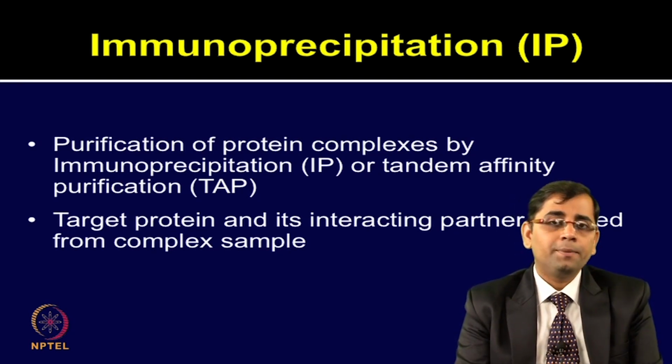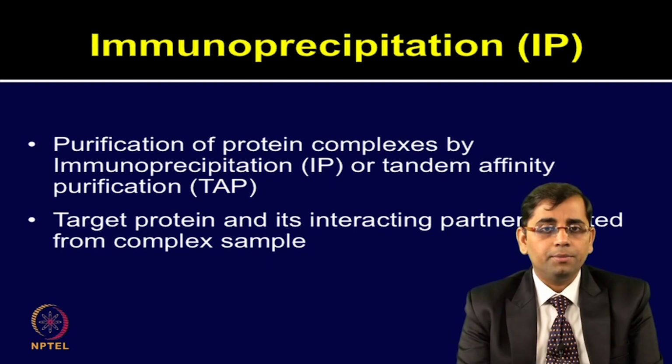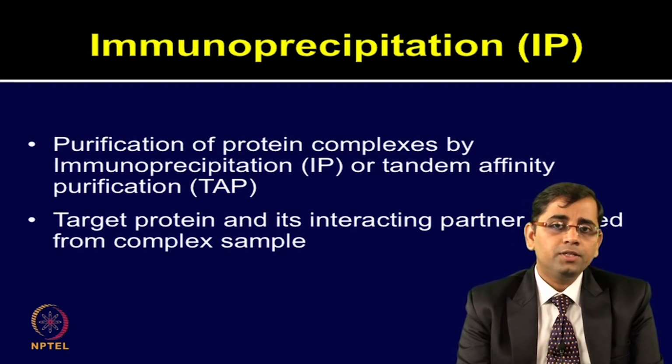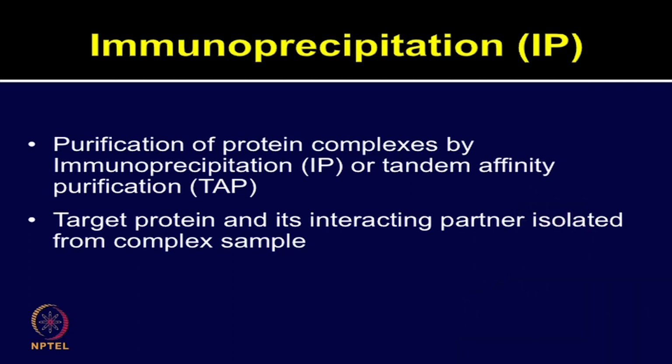By using the immunoprecipitation method, the purification of protein complexes by IP or tandem affinity purification is performed. Target proteins and their interacting partners are isolated from a given complex sample, and then by using different tags, these proteins can be isolated from a mixture and further processed. Let me describe this process in the coming slides.